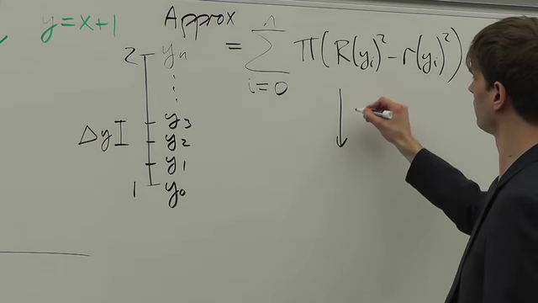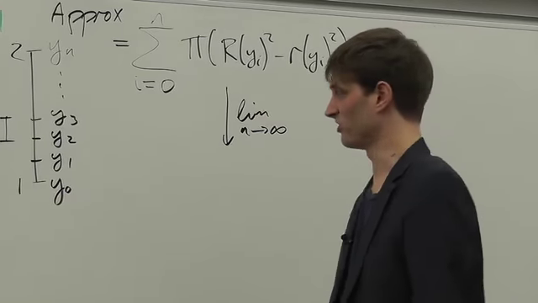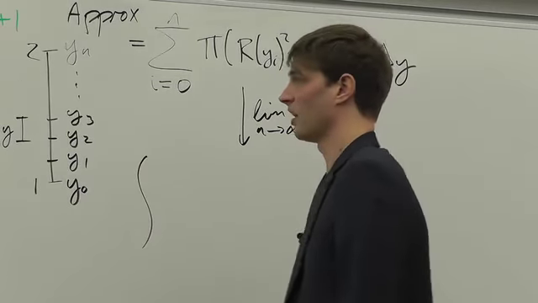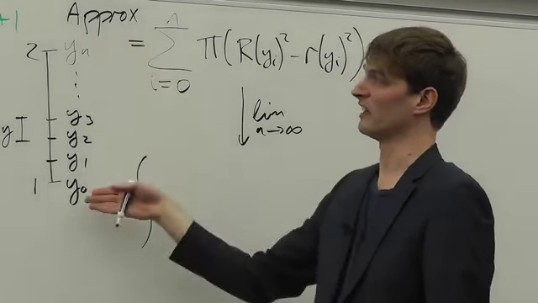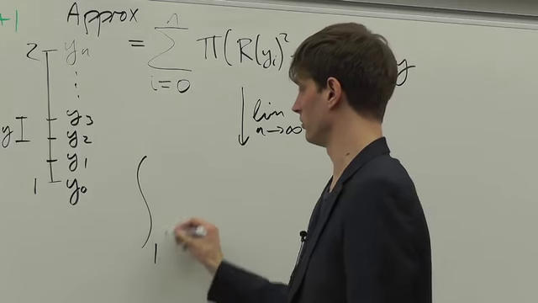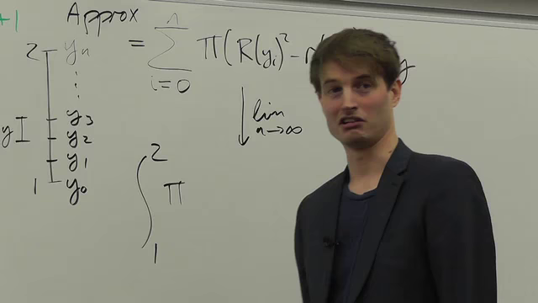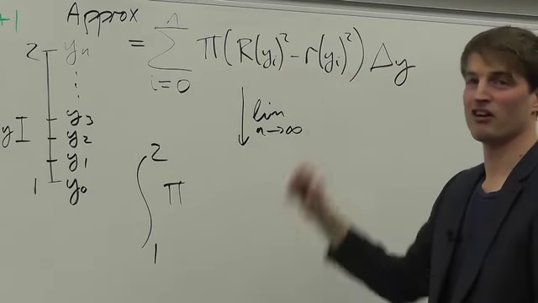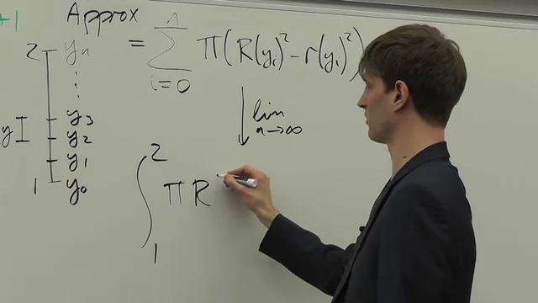So let's take the limit now as n goes to infinity. So I get an integral, and the integral is over the interval that we were chopping up, which is from 1 to 2. Pi, still pi, big R and little r are now functions of y, yet to be determined.